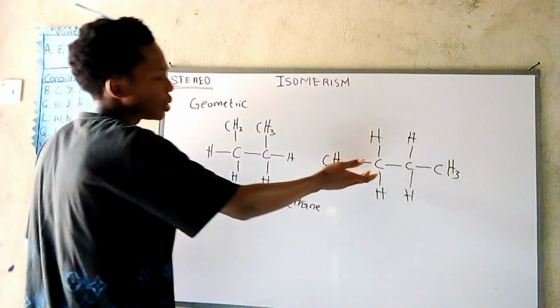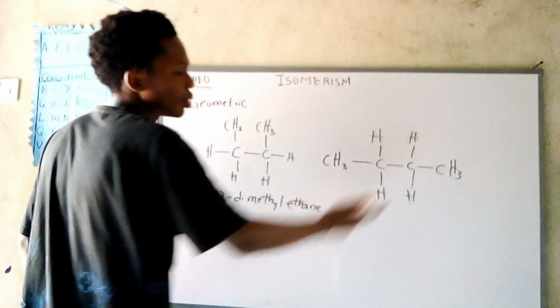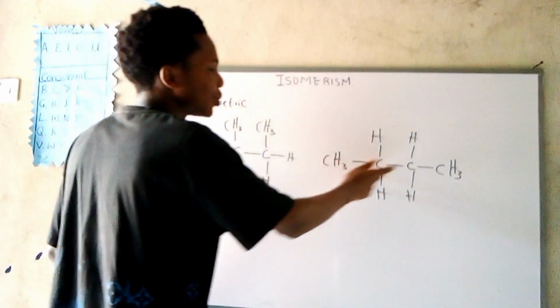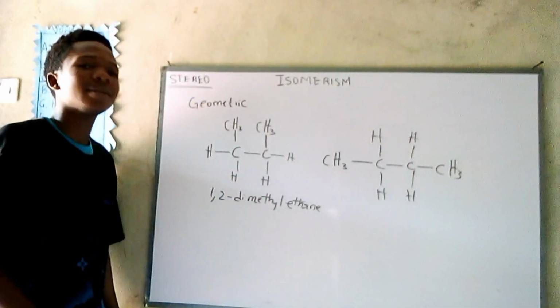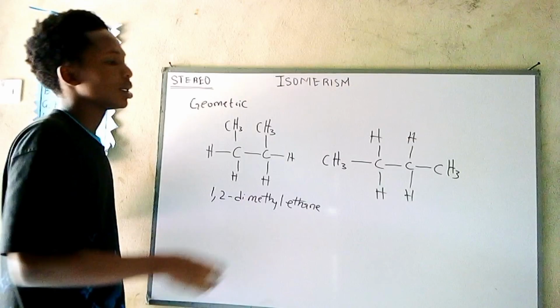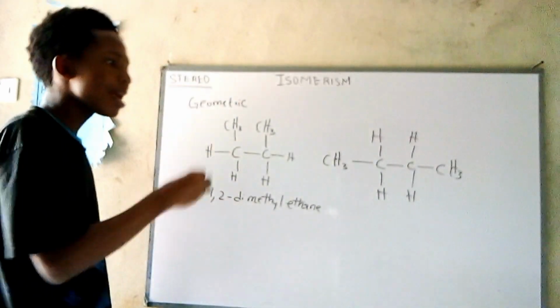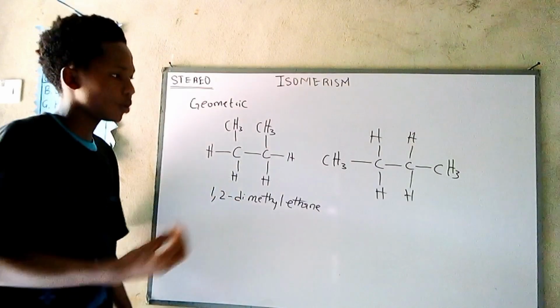Still the same thing, the same substituent, so we just count from anywhere, 1, 2. We also name it 1,2-dimethylethane. So these two compounds are the same. Why are they the same? Because there is free rotation of the substituent.